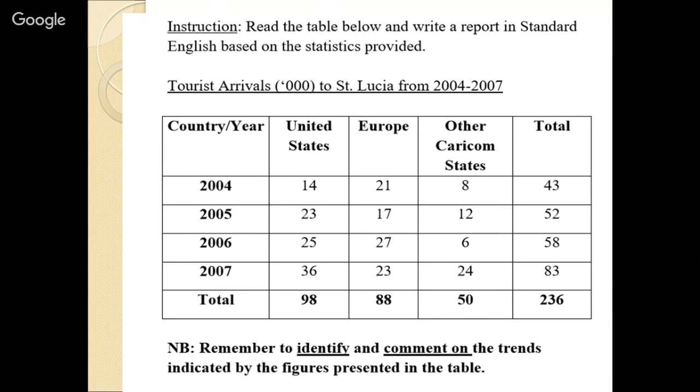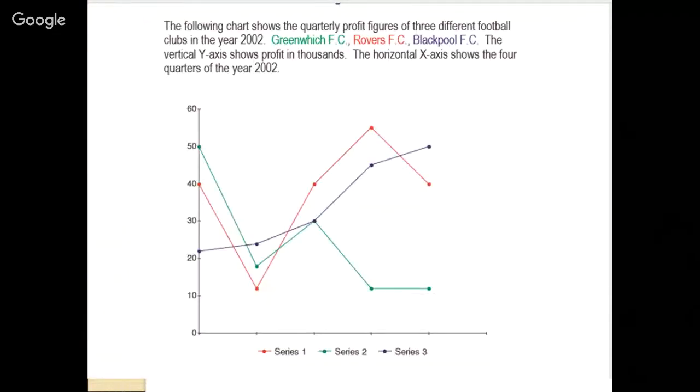Hi, we are now going to look at another type of table. Wow. So we're going to look at a line graph. And somebody is going to say, "Wow, this looks hard."